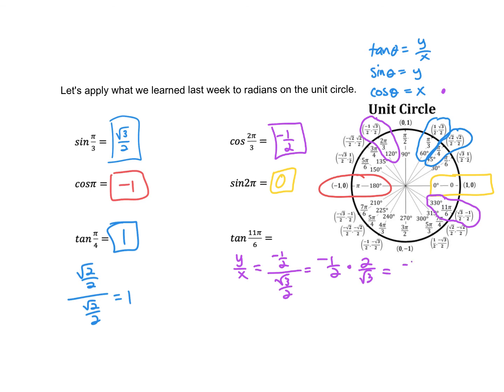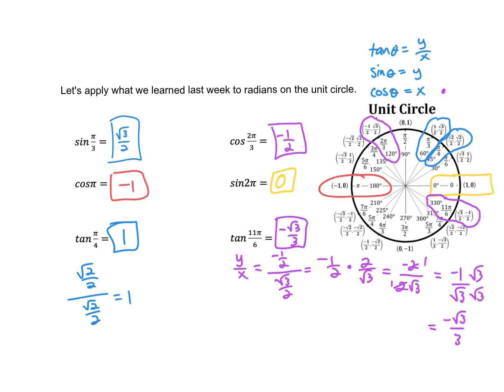This becomes negative 2 over 2 root 3. We can reduce the 2 over 2 to 1 over 1, so this would be negative 1 over root 3. And then we get rid of the square root in the bottom by multiplying by root 3 on top and bottom. And we end up with negative root 3 over 3. So the answer is negative root 3 over 3.